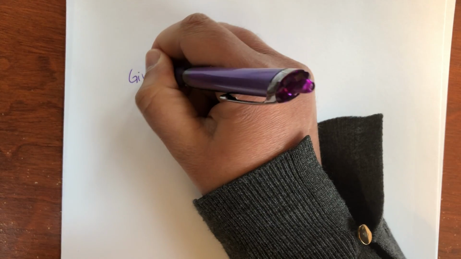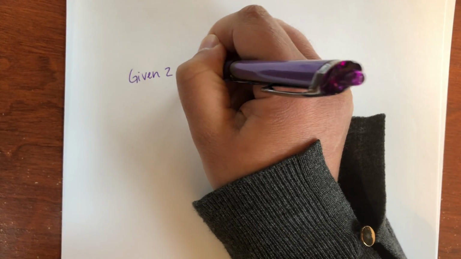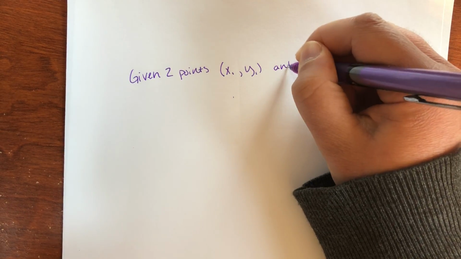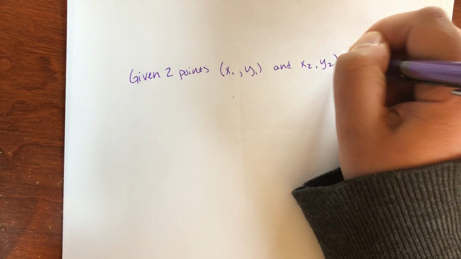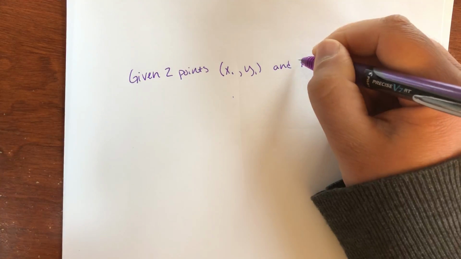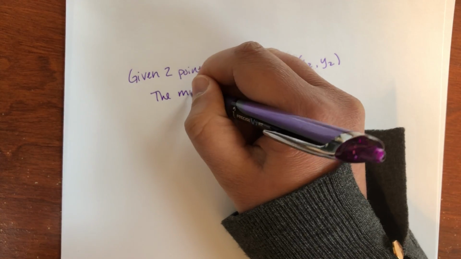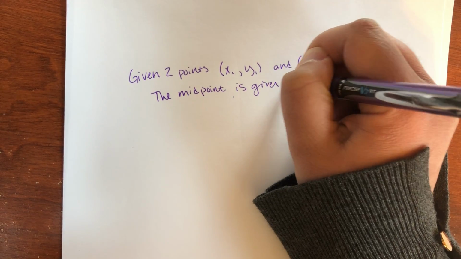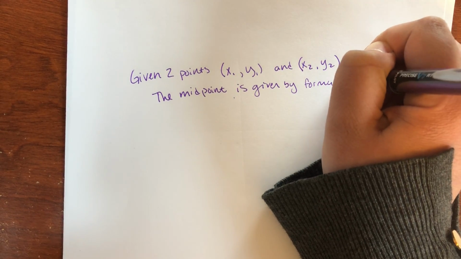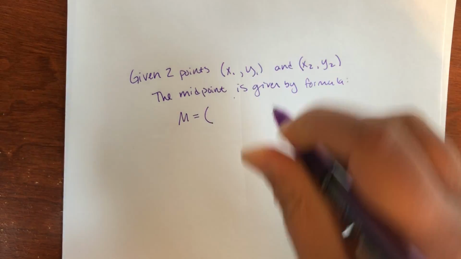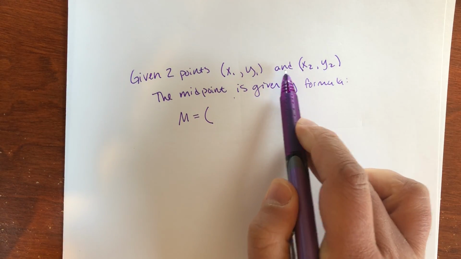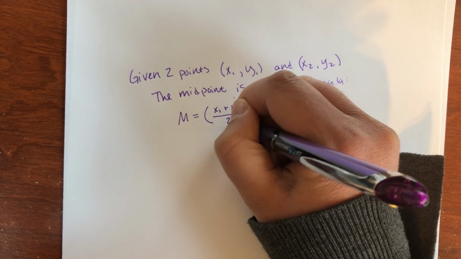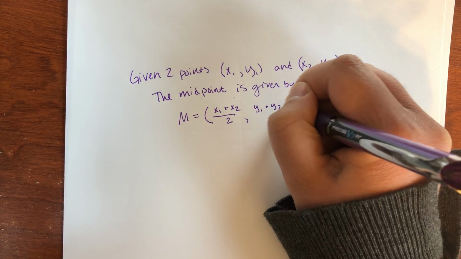So given 2 points, let's say x1, y1, and x2, y2, the midpoint of the line segment connecting these two is given by the formula: essentially we just average together the x coordinates and the y coordinates. So we add x1 plus x2 and divide by 2. We add y1 plus y2 and divide by 2.